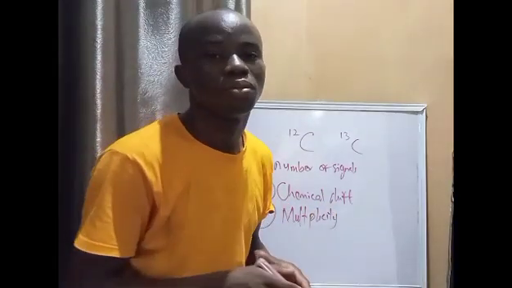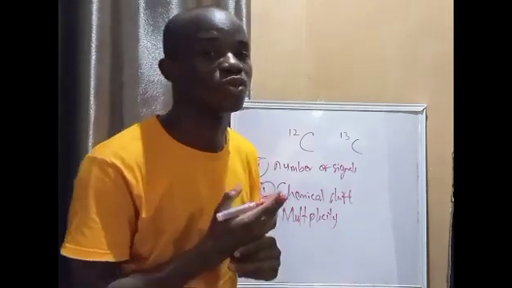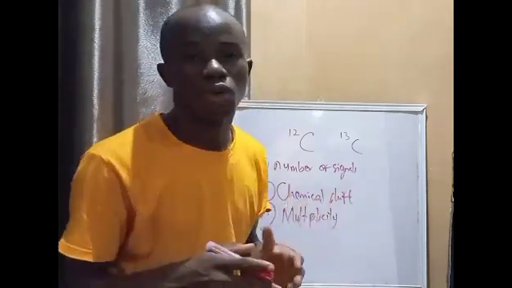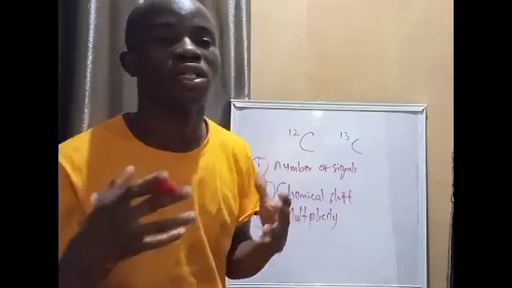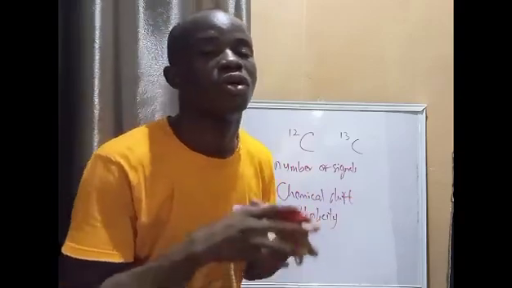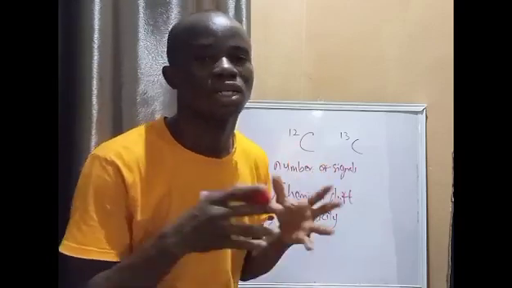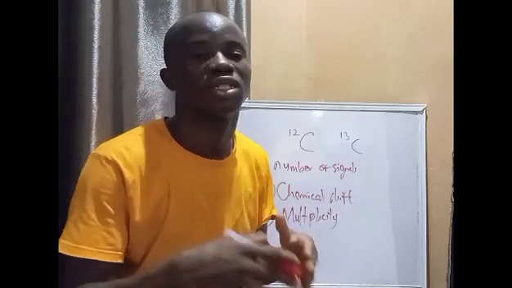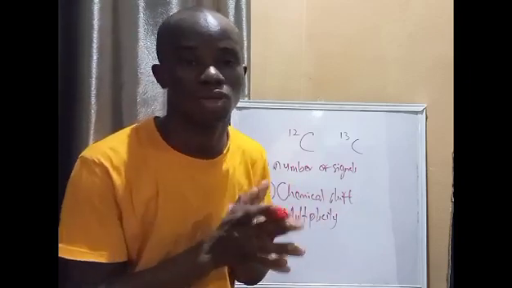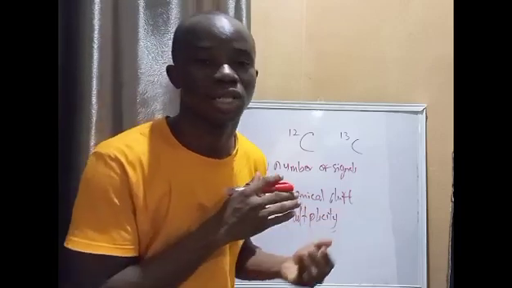Now, the splitting pattern of a signal, which I also refer to as the multiplicity of a signal, tells us about the number of hydrogens in the surrounding of a particular signal. The carbon adjacent to the carbon carrying the hydrogens responsible for a particular signal usually carries hydrogen.